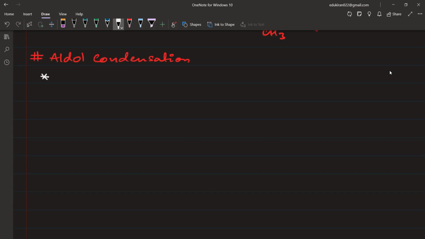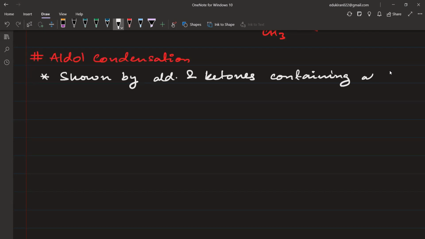First of all, write a point: shown by aldehyde and ketones containing at least one alpha hydrogen.